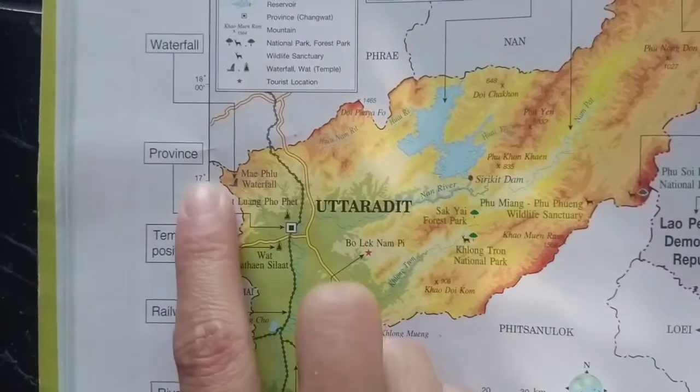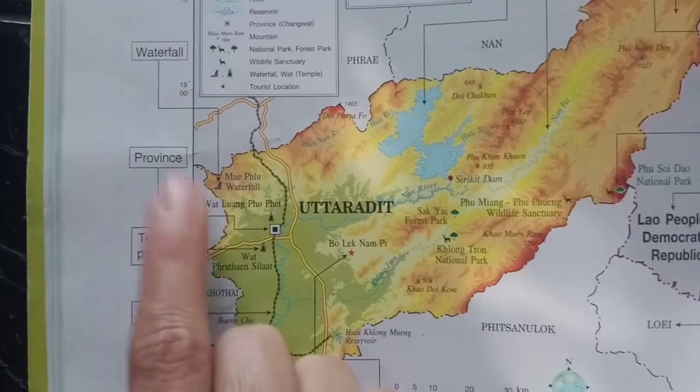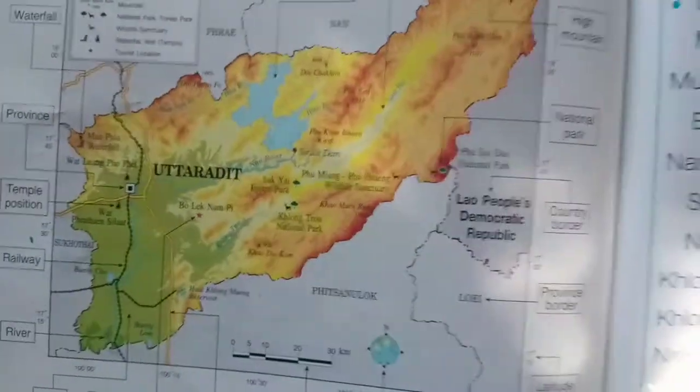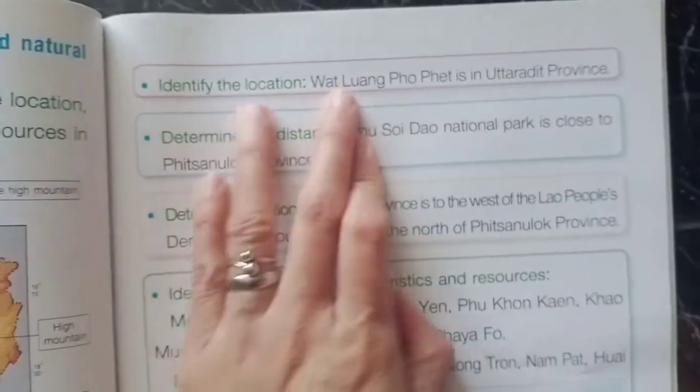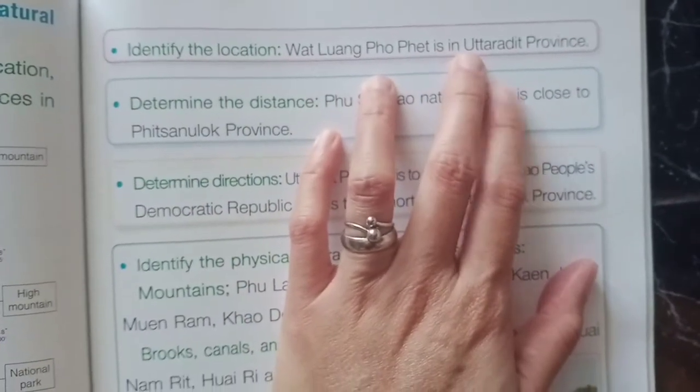Okay, and then we have province again, and then waterfall, this symbol. So here we have to identify the location of what Luang Pu is in Uttaradit province.